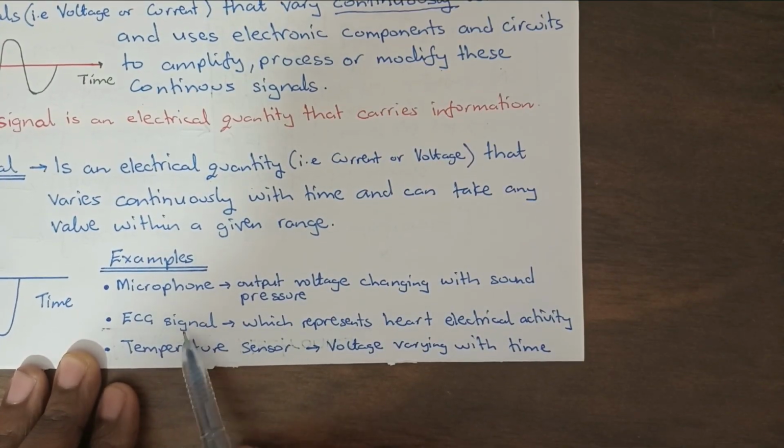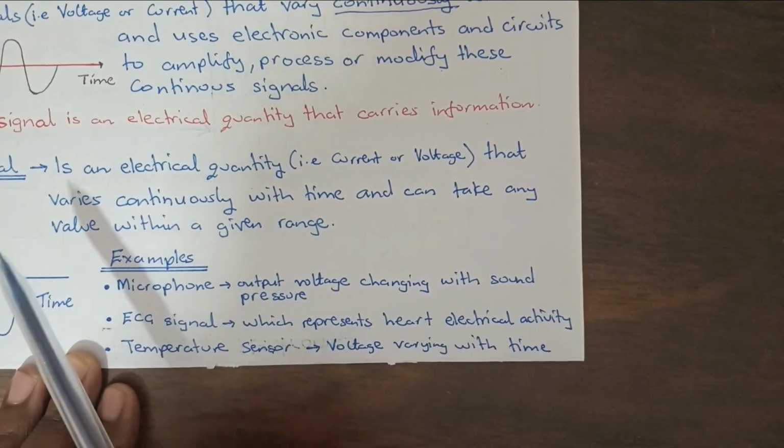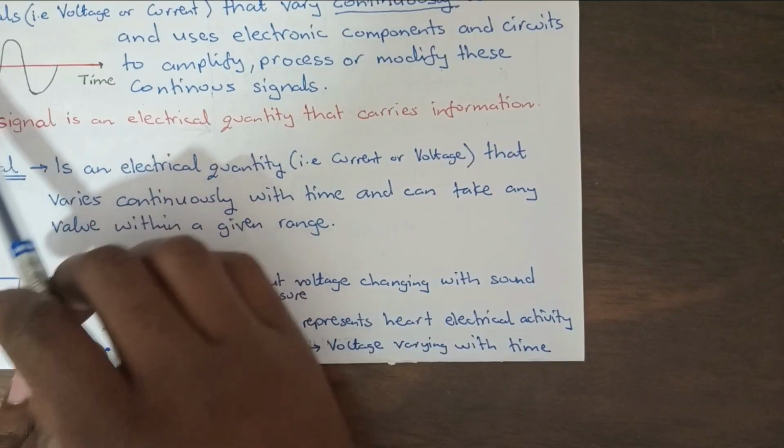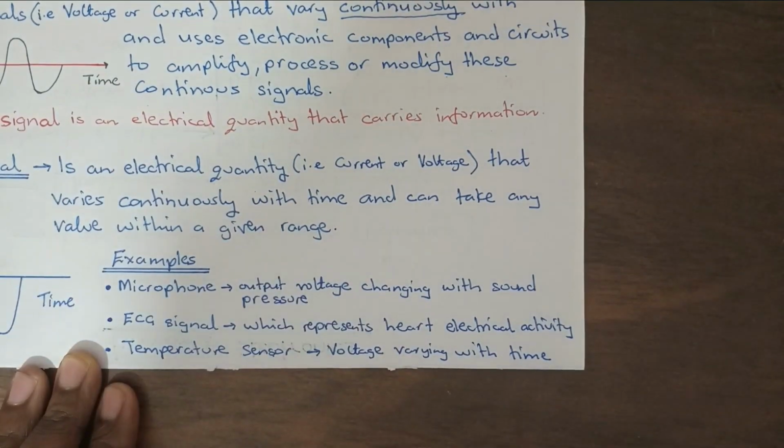This signal represents the heart electrical activity. It's also an analog signal. We've got a temperature sensor. A temperature sensor outputs a voltage which varies with what? With time. And these signals are always continuous, meaning that the amplitude is continuous and also continuous as time is varying.